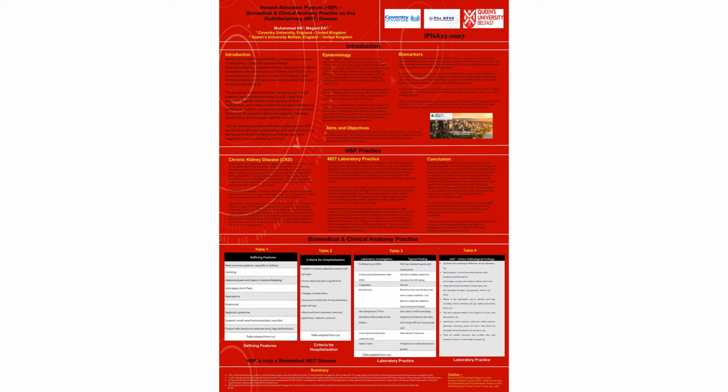The guidelines and treatment for managing care in such patients ranges between centers. Long-term prognosis depends really on the severity of renal involvement or kidney involvement, which may manifest as persistent haematuria.